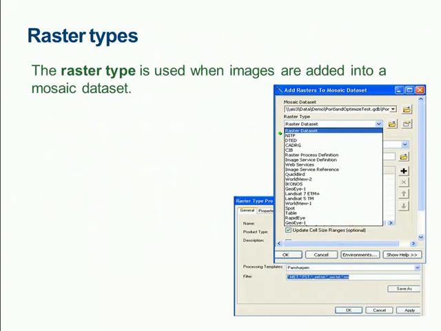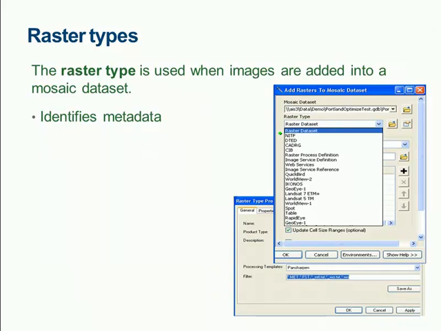One of the terms I want to introduce is the raster type. This was introduced in version 10, and I want to provide a bit of detail to make sure it's clear. What ArcGIS calls a raster type is a set of templates used to add imagery into a Mosaic dataset. It's specific to a product, either from a particular sensor, like Ikonos, which I've just shown, or many of the other satellites. Alternatively, it may refer to a specific file format, such as NITF, and the associated metadata information that is necessary to properly configure the Mosaic dataset.